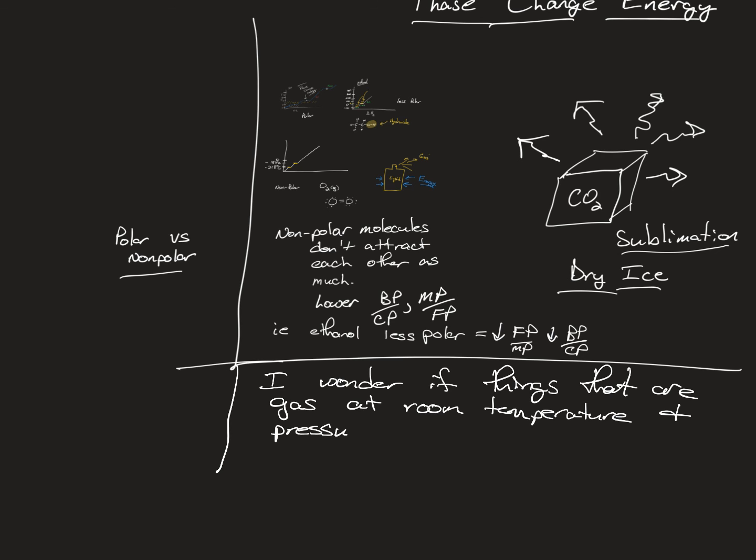We looked at pressure cookers, and that's a big deal. And we looked at oxygen tanks and nitrogen tanks and dry ice. So we know pressure has something to do with this phase change stuff. So I wonder if things that are gas at room temperature and pressure are non-polar.